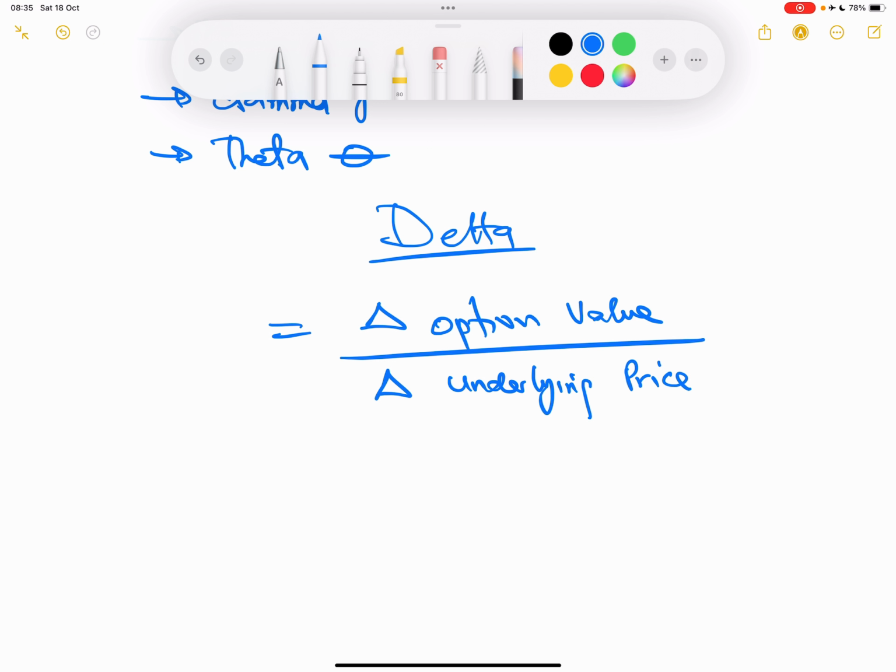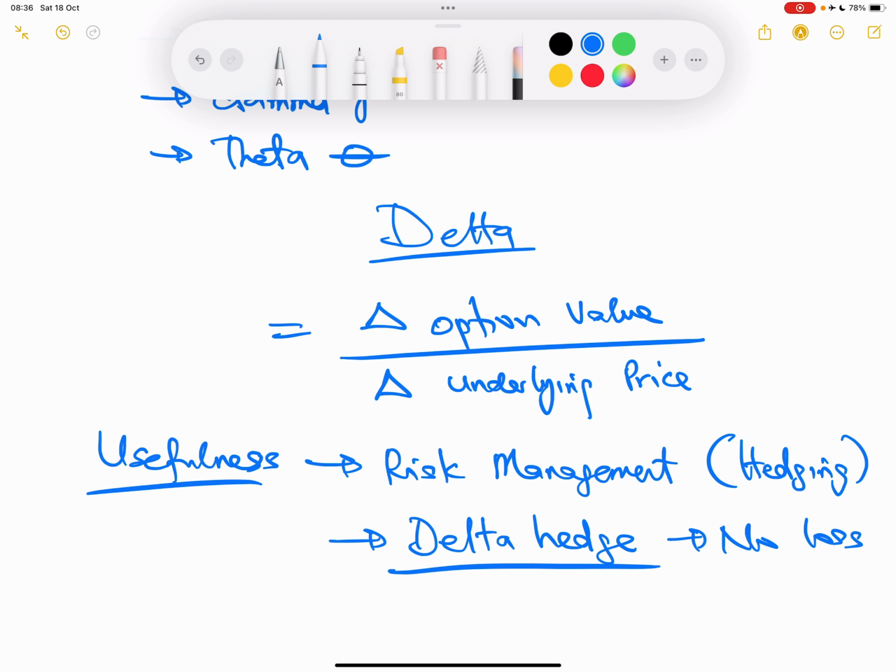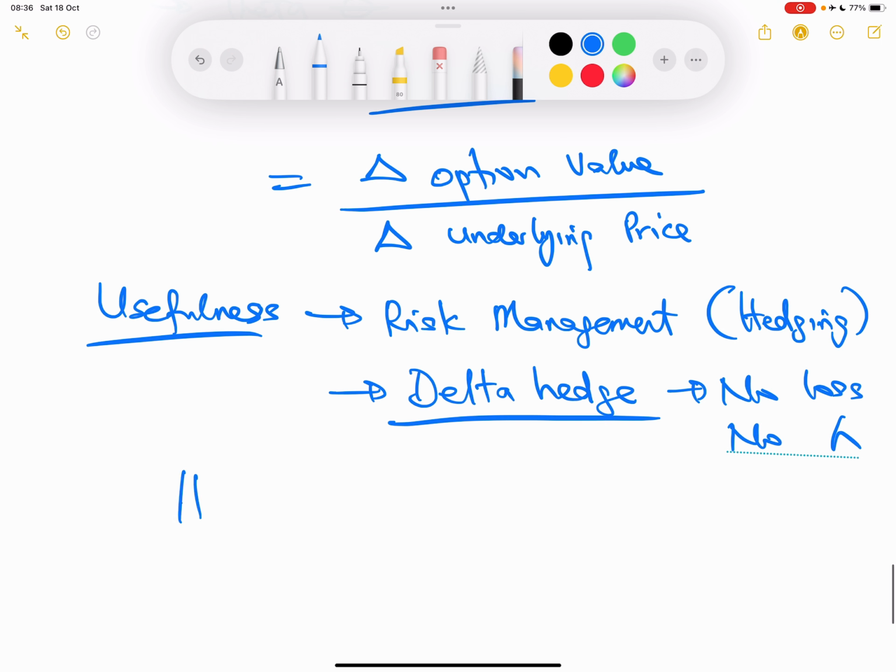Remember, risk management is hedging, risk reduction. When you construct a delta hedge, you have a situation whereby you cannot make a loss, although you also cannot make a profit. No loss, no profit.